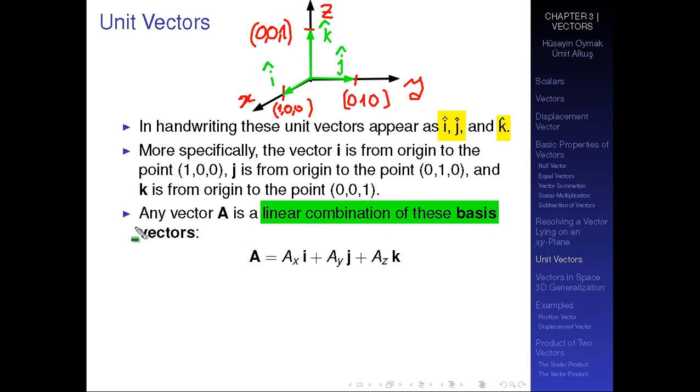Then we write any vector A as a linear combination of these basis vectors as A equals Ax I hat plus Ay J hat plus Az K hat. This form is called the unit vector notation.